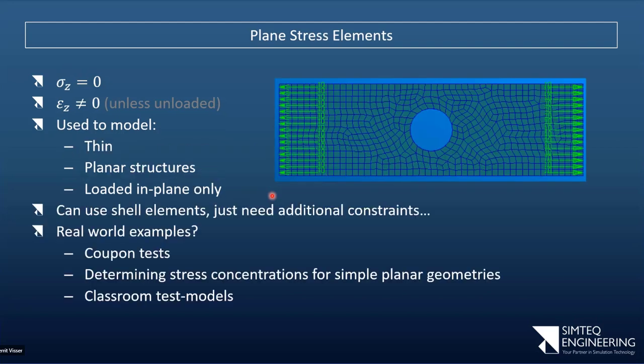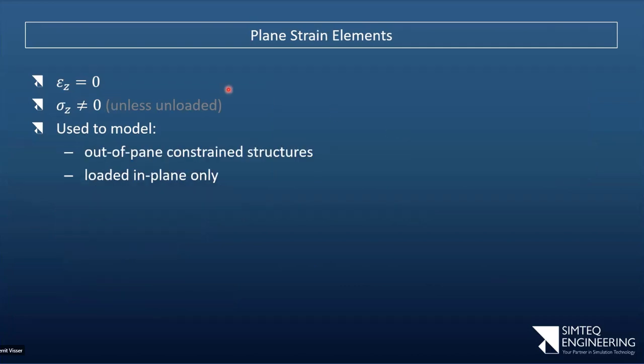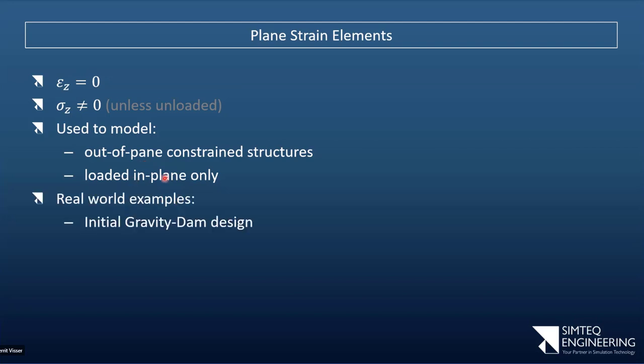So if I go back to this model, if I extrude this in the thickness, and assuming it's rubber, and I glue it between two infinitely stiff things like rigid steel, that'll be the kind of model that I have here. So in this case, sorry, read out of plane: it's structures that are constrained out of the plane, but loaded in the plane only.